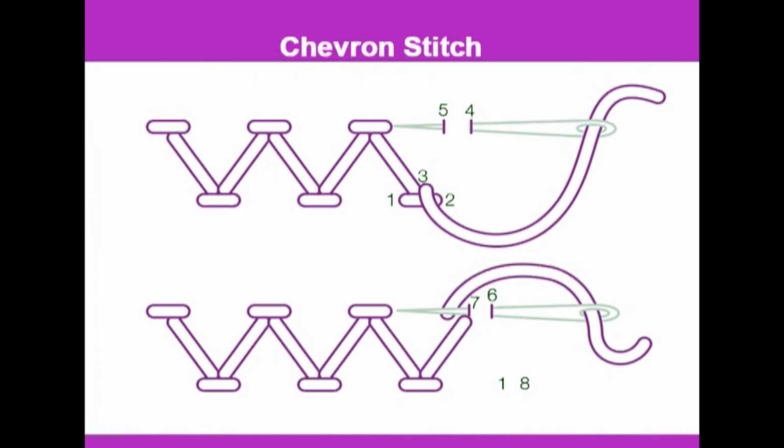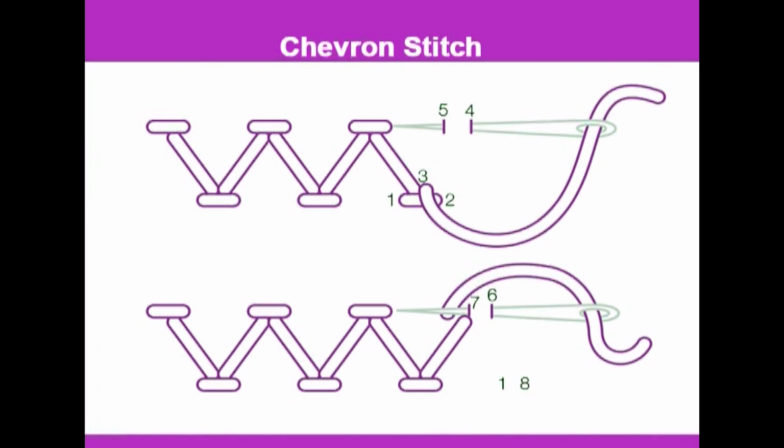Then over the same fold, take a stitch on the second fold, inserting the needle to the right. Bring it down between the first and second pleat. Keeping the thread below the needle, draw the stitch up so that the 2 pleats are held together closer.